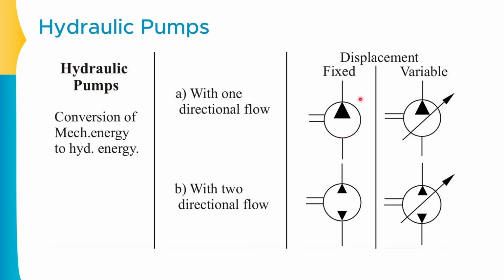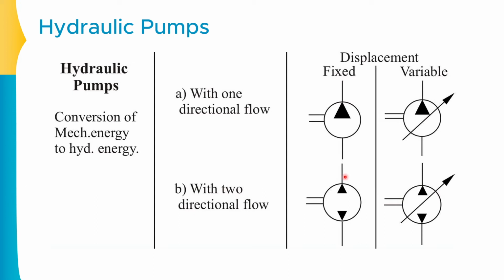Now if the arrow is available like this, this specific pump will be known as the single directional variable displacement pump, because the pump displacement can be varied. Now if you observe over here, this specific symbol is of the hydraulic, and this is also available at the downward side, which shows that the pump can work in the downward direction also and in the upward direction also.